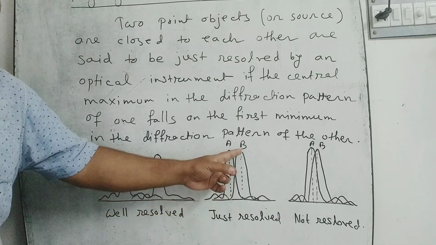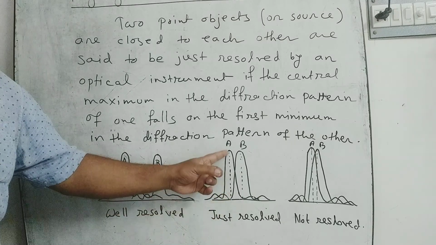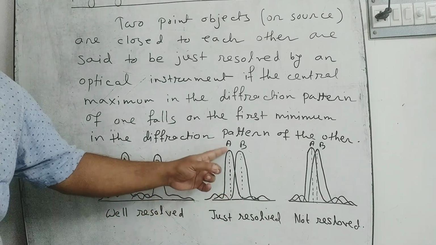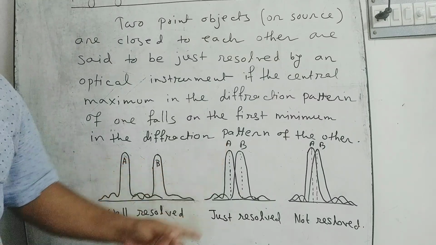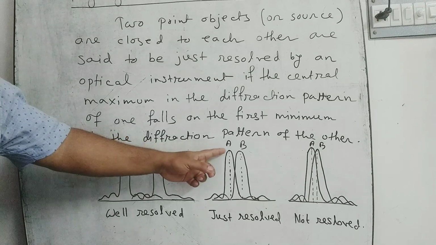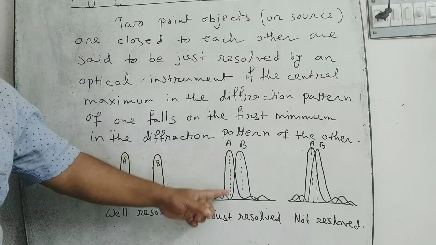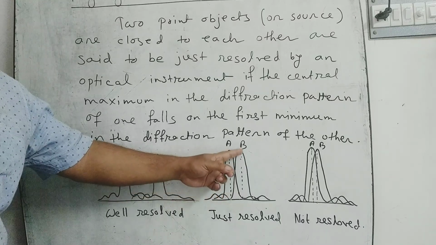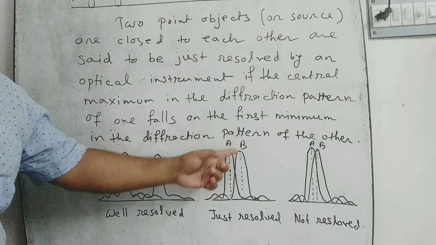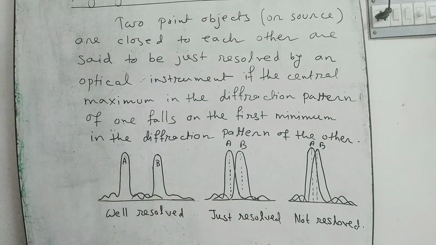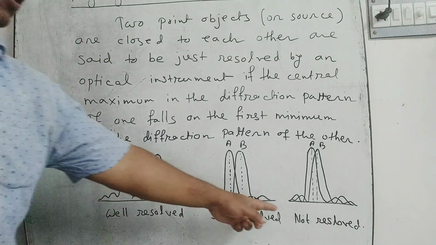This is the first minimum of point B and this is the central maximum of point A. That's why they are just resolved. That is, the central maximum of point B also overlaps with the first minimum of point A.